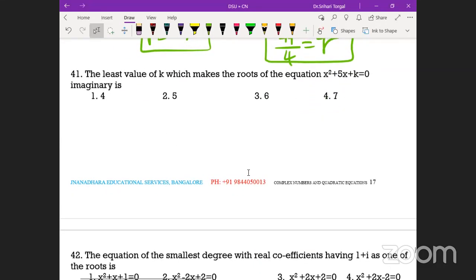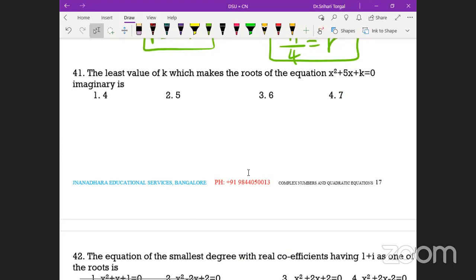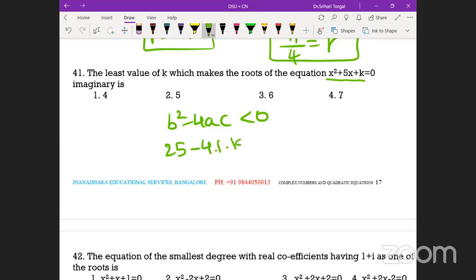Number 41, least value of k which makes the roots of the equation imaginary. What is that equation? x square plus 5x plus k is there, right? The formula b square minus 4ac must be what? Negative. 25 minus 4 into 1 into k. 25 less than 4k. 25 by 4. What is 25 by 4?